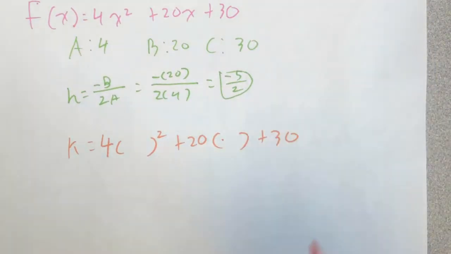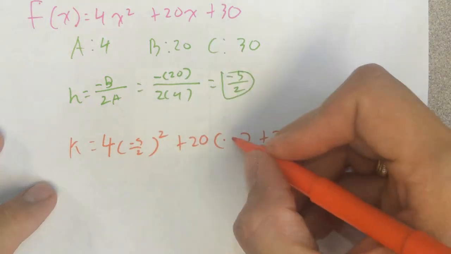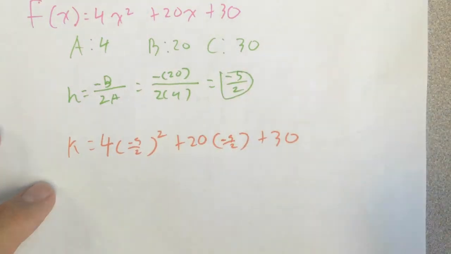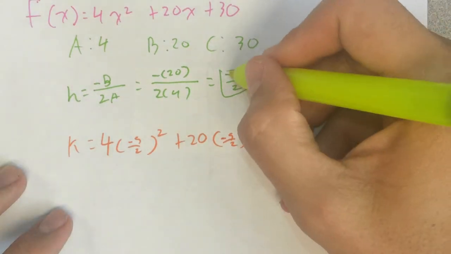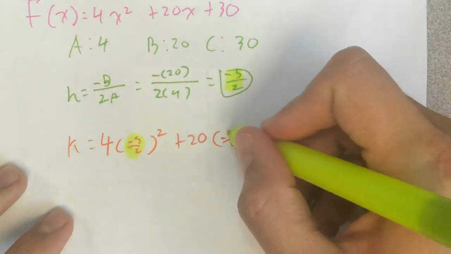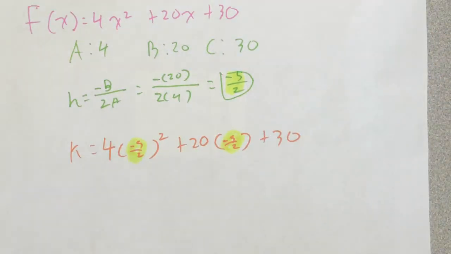And then I can plug this in there. Negative 5 over 2, negative 5 over 2. Those are the same values.